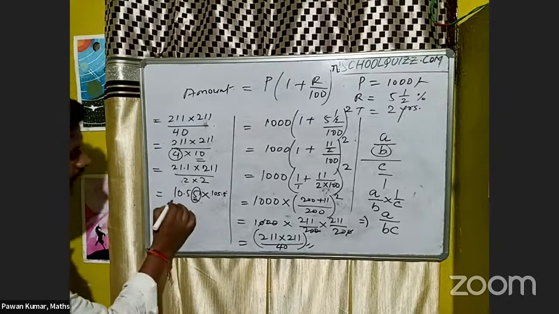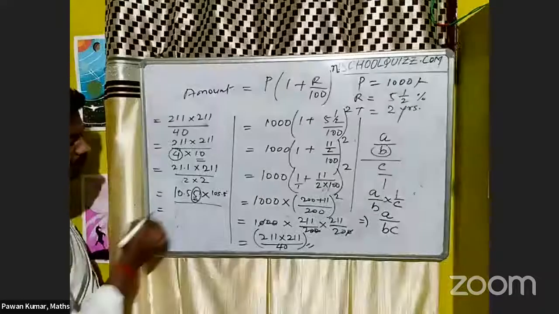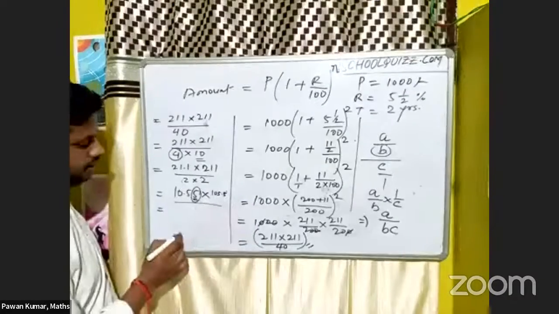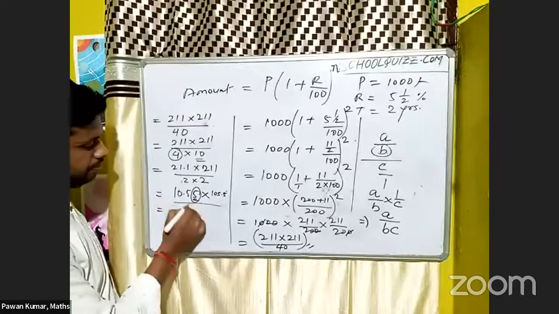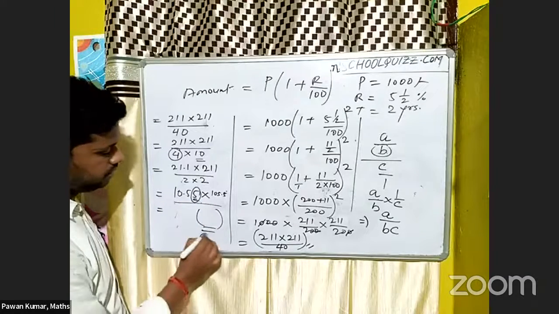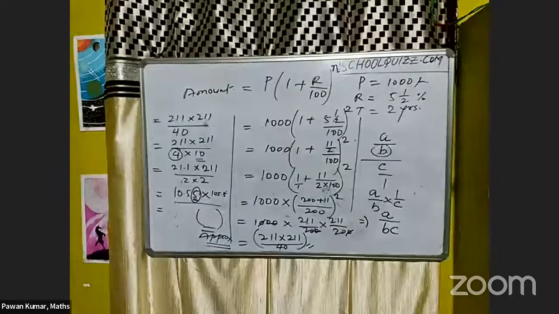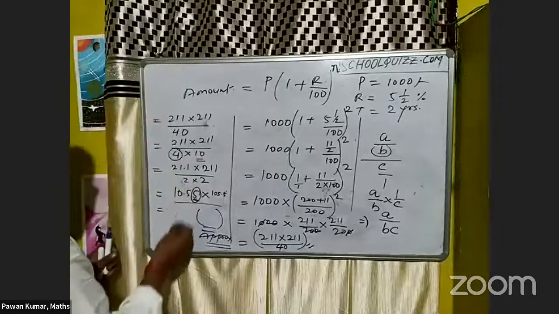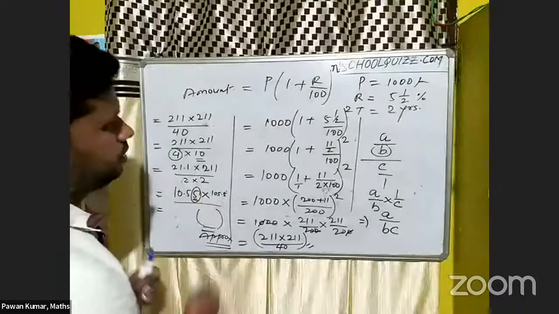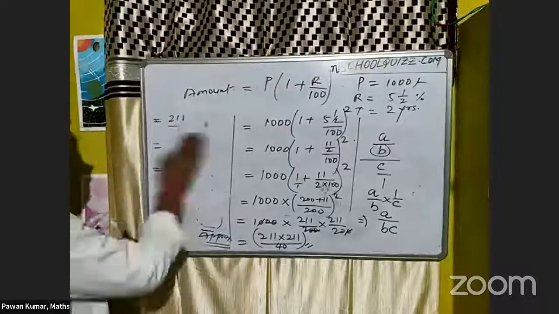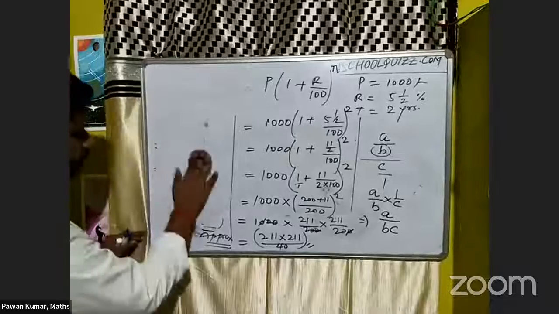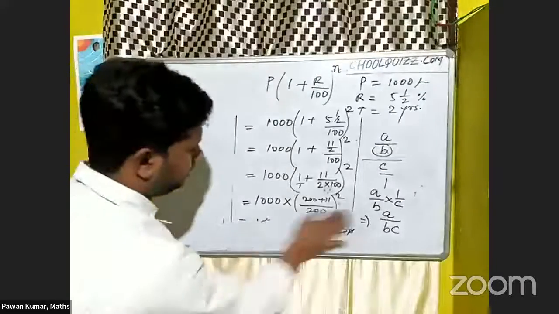So whatever answer you get, you can make it approximate, and that will be easy for you to save time. Understand my point? These are small tricks you have to apply in mathematics questions, which make your solutions easy.